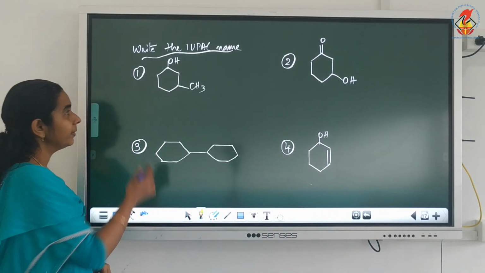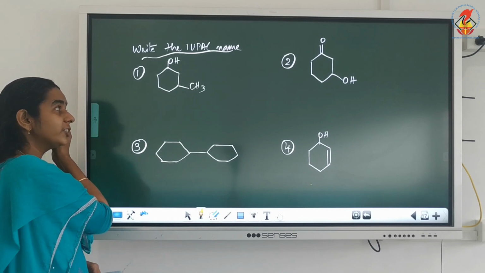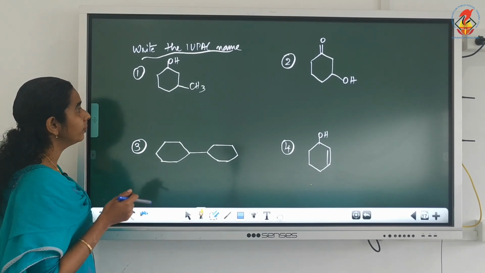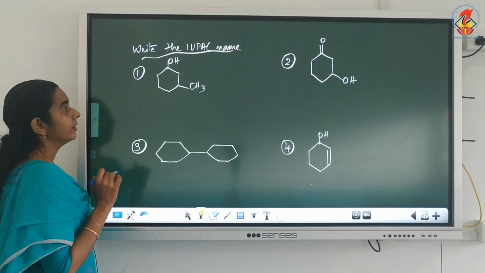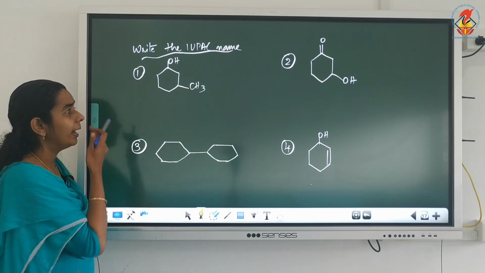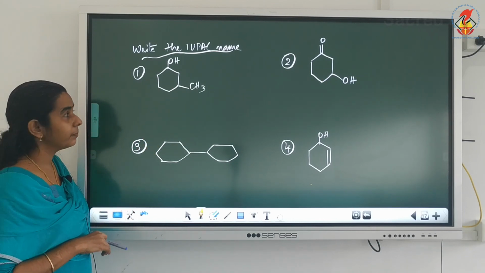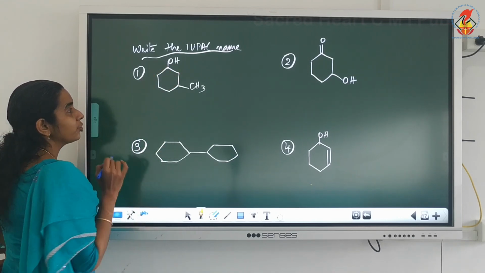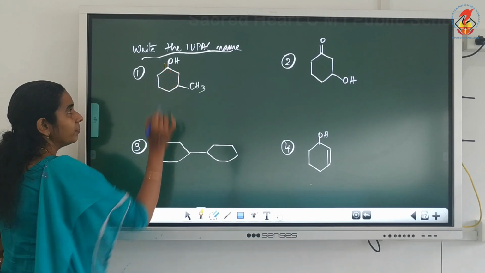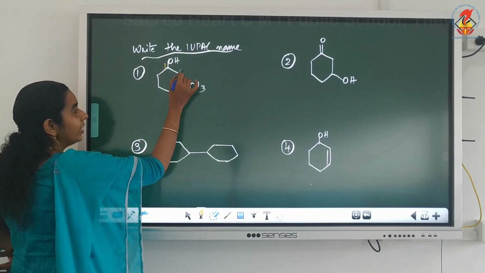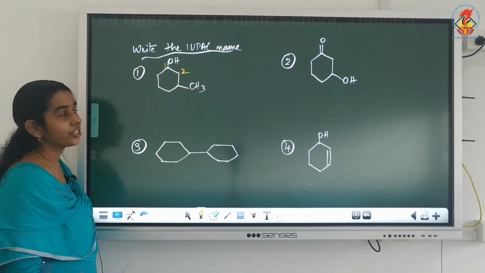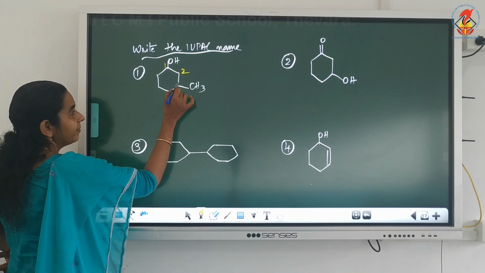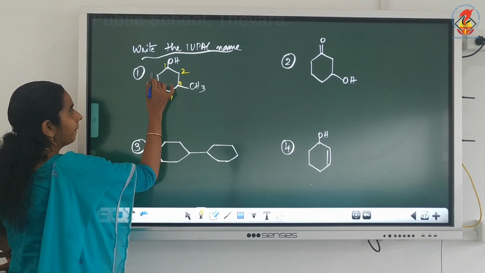The first one, a ring with OH and CH3 group. Here the alkyl group has only one carbon, so we can consider the ring as the parent. From where should we start numbering? The OH attached carbon should get the lowest possible number. Only if we go in the clockwise direction, the CH3 attached carbon will get the lowest possible number.